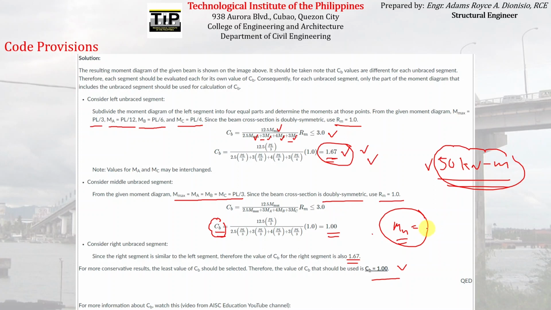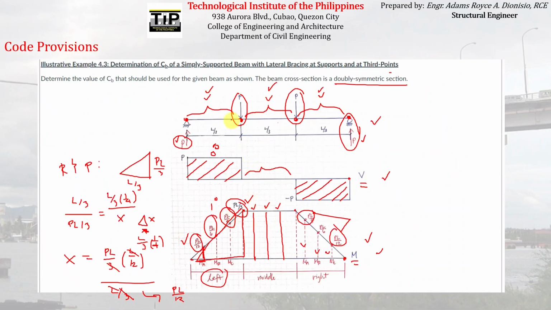We can just work on estimated values, estimated capacities. So you can see here the lateral torsional buckling moment capacity is actually greater on this particular portion of the beam, because the Cb on this particular section is equal to 1.67.